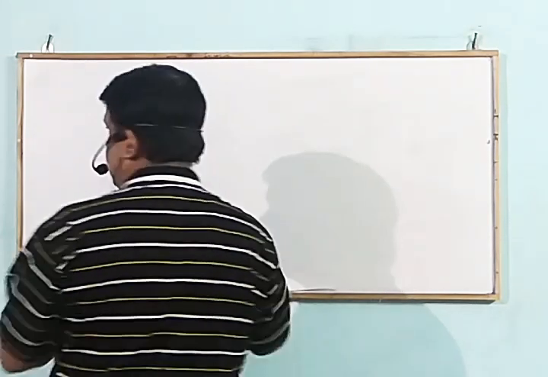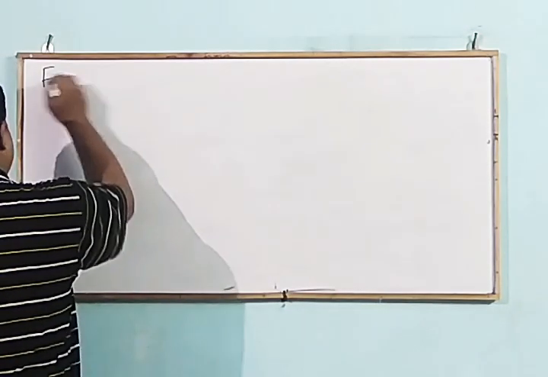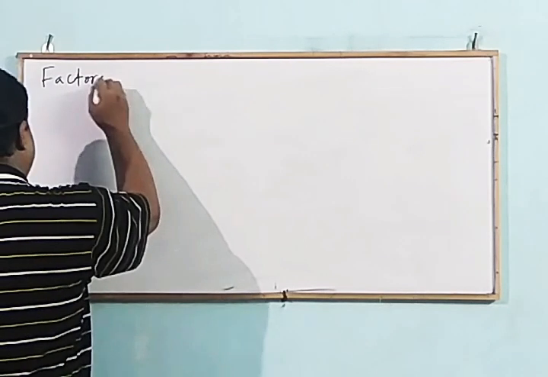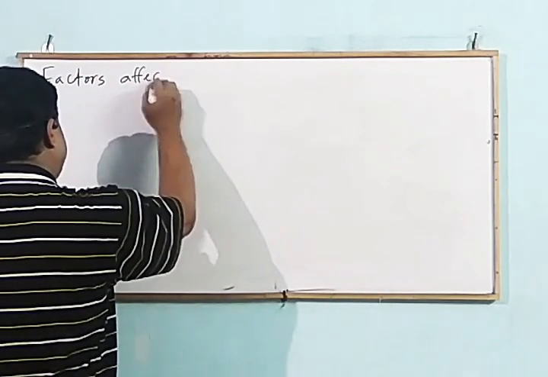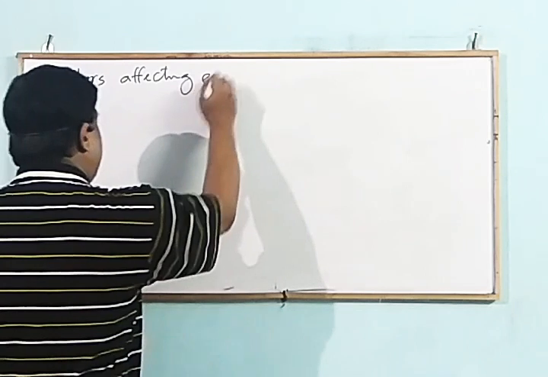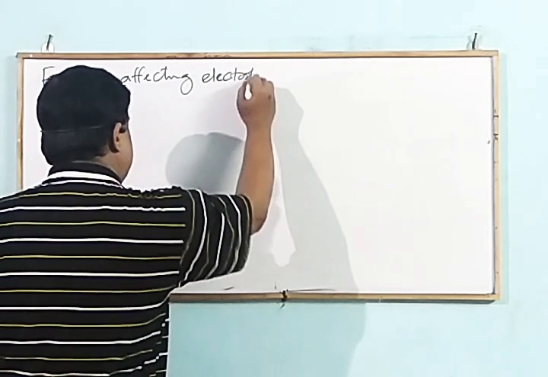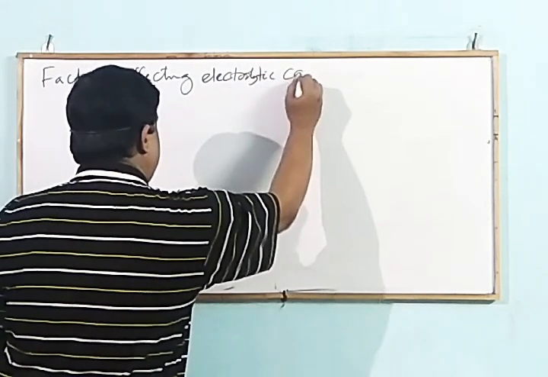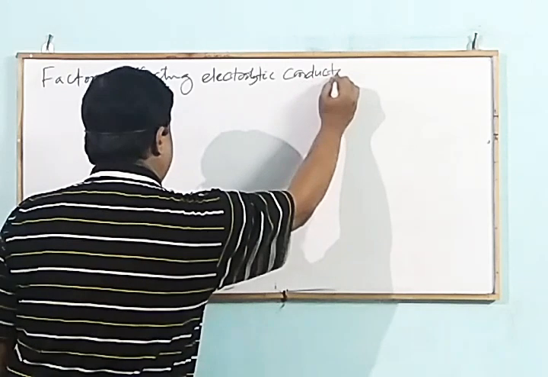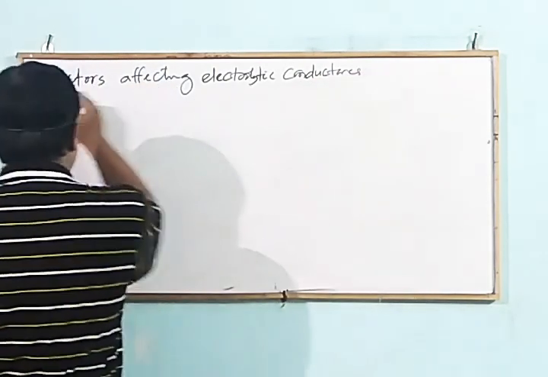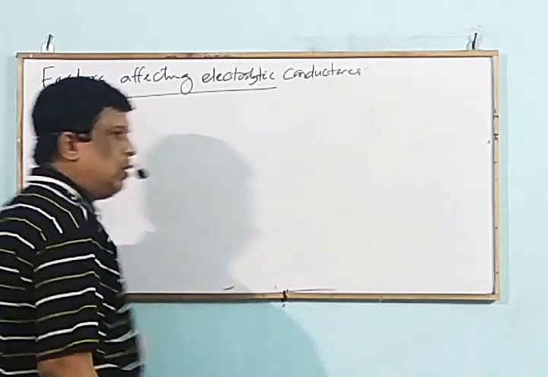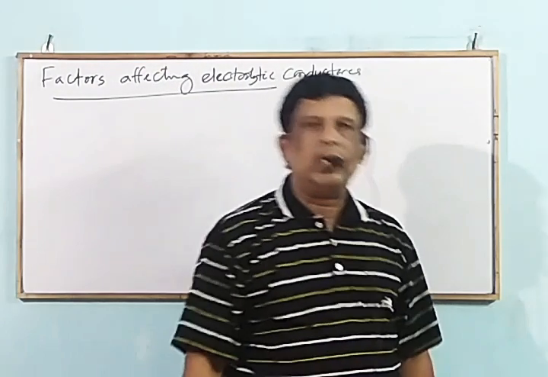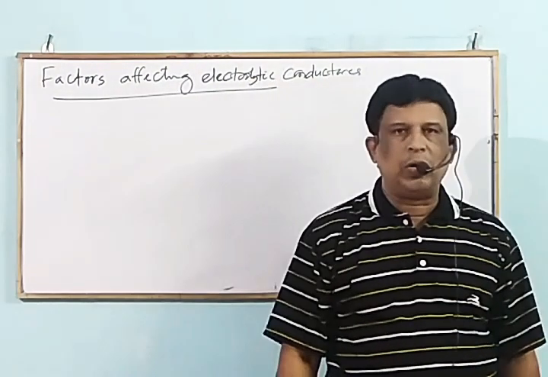There are 3 to 4 factors which affect electrolytic conductance.